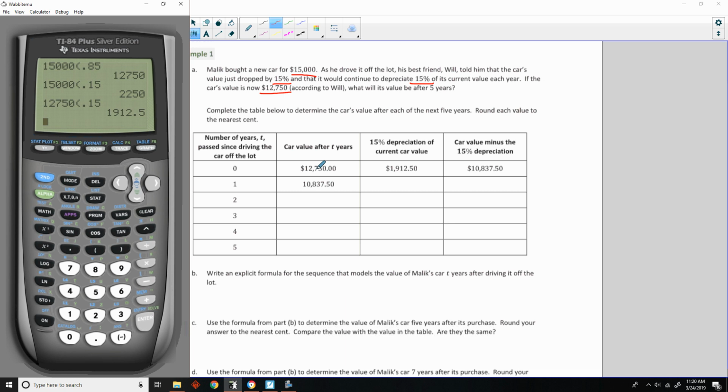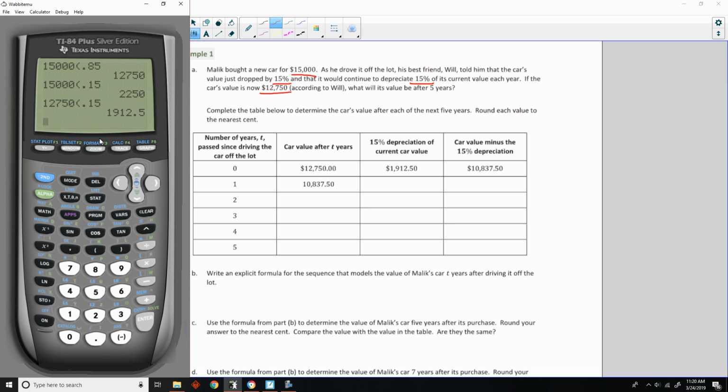And you take $12,750 minus that depreciation and get $10,837.50. Car's value minus the 15% depreciation. That car value is now going to be equal here. So we're going to just take this value here and bring it down to the next year's car value after T years. So then I'm going to continue this.